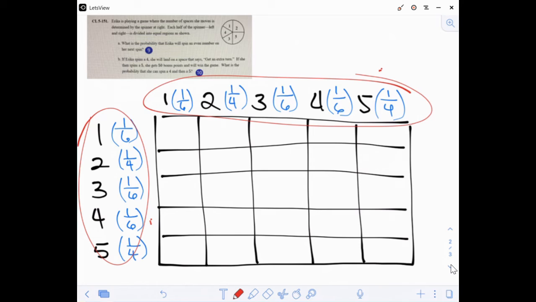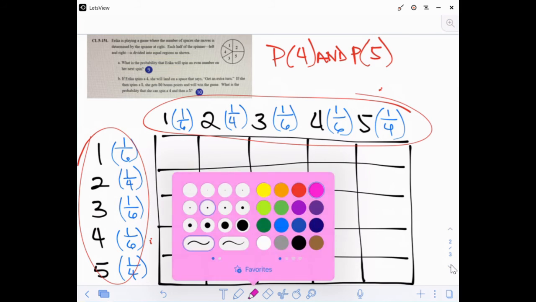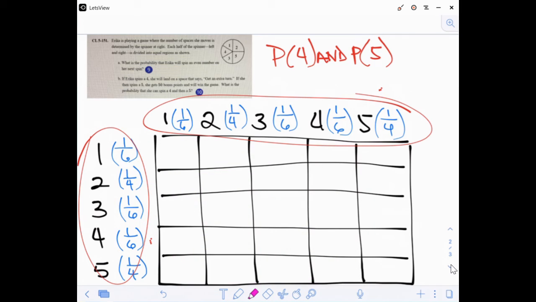And when we have these two separate events, we're going to multiply them together. One hint is when I'm seeing the probability of 4 and probability of getting a 5, I'm going to multiply those two individual probabilities together. Okay, so remember when we use this area model technique, we could take the probability of 4, probability of 5, we're going to end up right here.